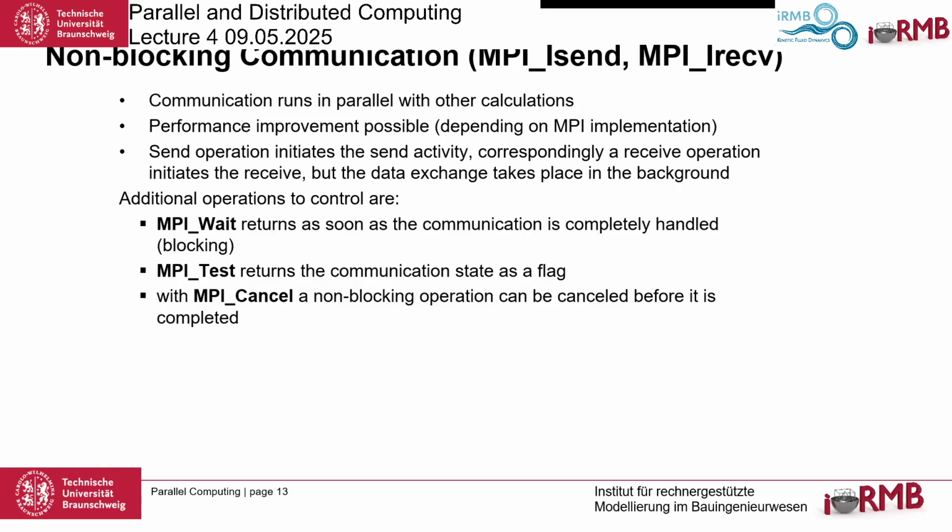Non-blocking communication. So communication runs in parallel with other work. This is important if you don't want to wait until your assistant puts the post into the letterbox. You want to do other work first.